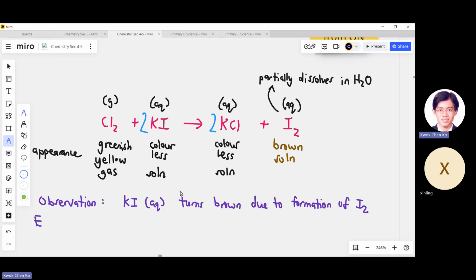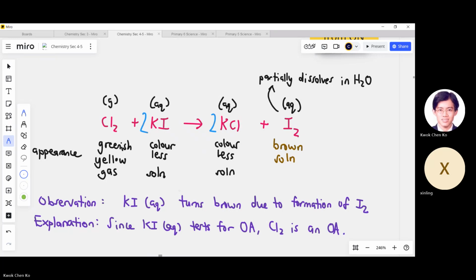And of course, it may ask you to explain a bit further. Since KI turns brown, as for oxidizing agents, you can conclude that Cl2 is an oxidizing agent due to the color change.